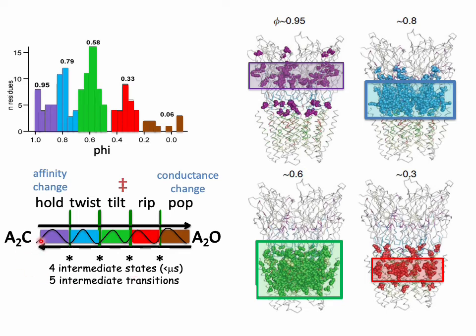So the 5 intermediate transitions I'm going to name hold, twist, tilt, rip, and pop, with hold being the affinity change and pop being the conductance change, and twist, tilt, and rip being the intermediate transitions of the extracellular domain, transmembrane domain, and the gate region.